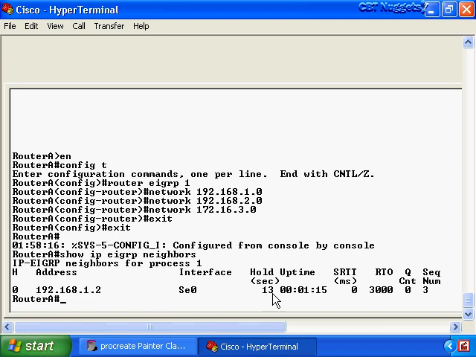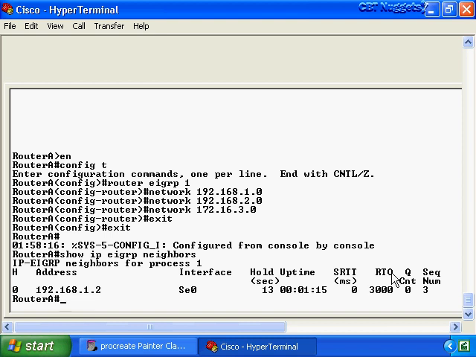If this were a slower WAN interface, which has a hello packet value of 60 seconds, as I mentioned earlier, then we would see a hold time of 180 seconds. And again, the hold time value is measured in seconds and represents the amount of time that a router is going to wait to hear from its neighbor before it declares it down. You can also see the uptime values over here, and of course here's that smooth round trip time and RTO that I mentioned earlier.